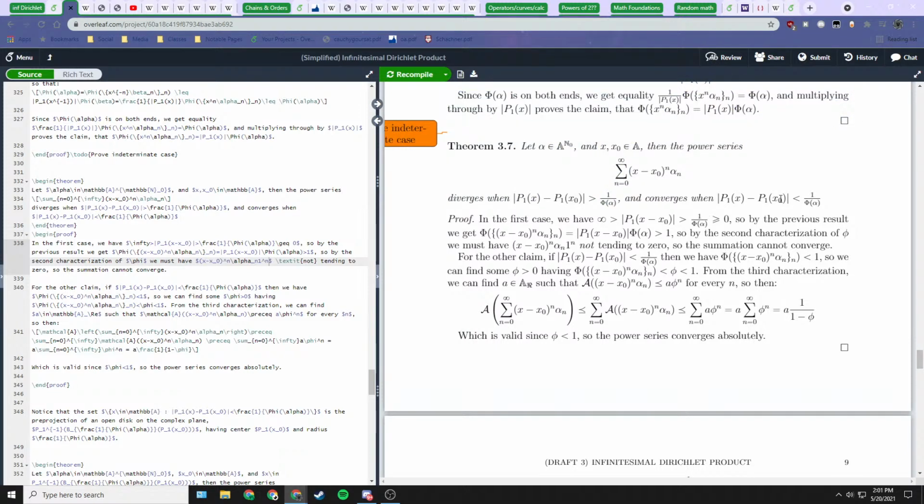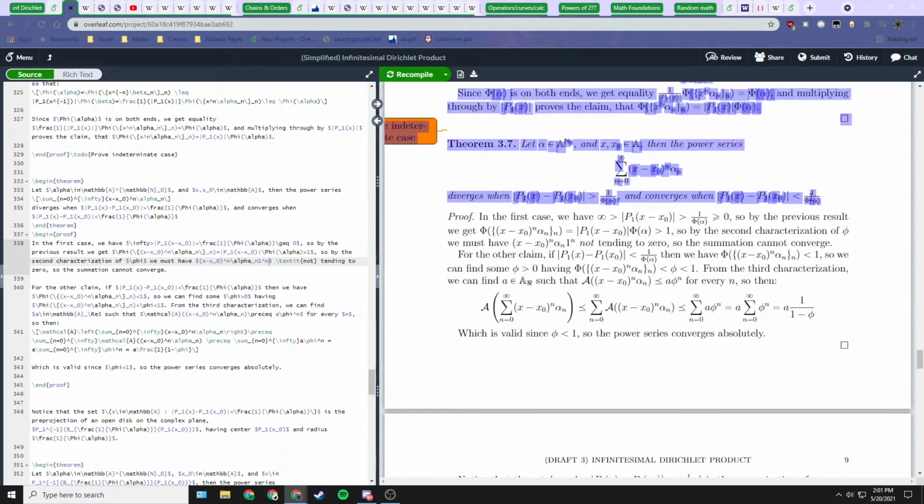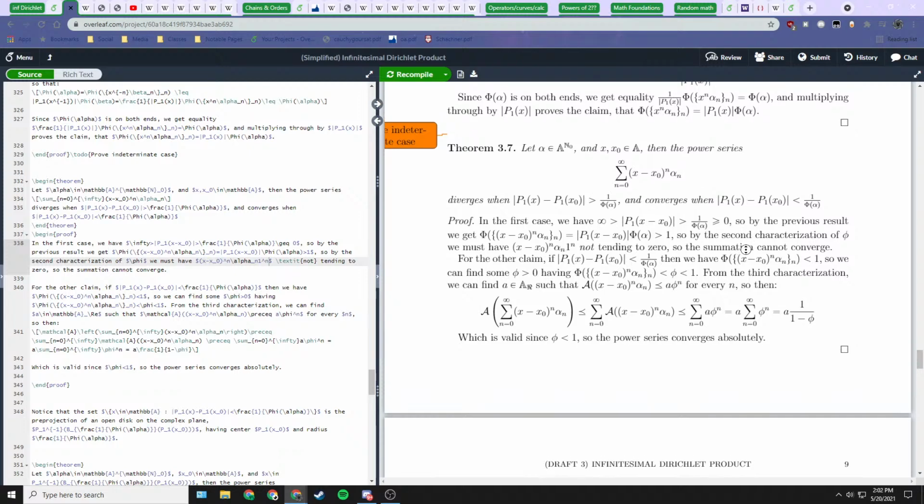And in the second case, if this does happen to be 0, then we have to have this strictly less than phi sub alpha, in which case the reciprocal phi sub alpha has to be greater than 0. So phi sub alpha is not infinite. So this edge case never happens, so we can always take this. So that's the first case.